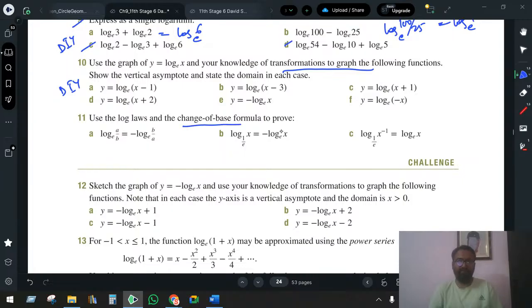Change of base means, how can I say, the log of a power m with b power n as a base is equal to m by n log a base b. This is a basic formula we have to use here in problem number 11. You can do it. It is DIY.